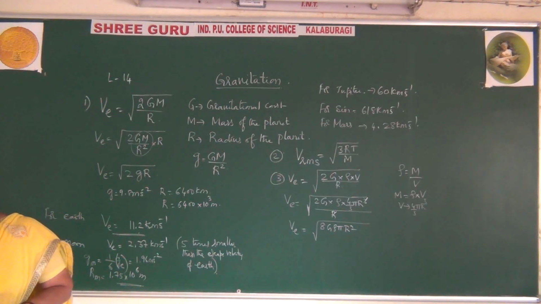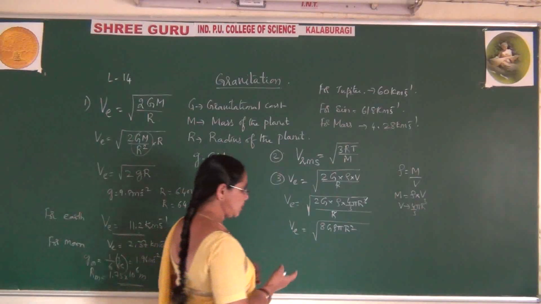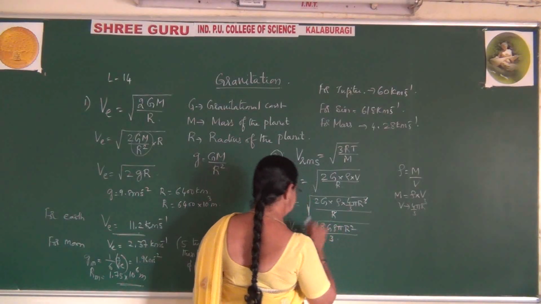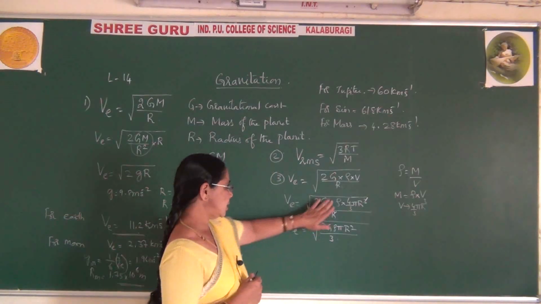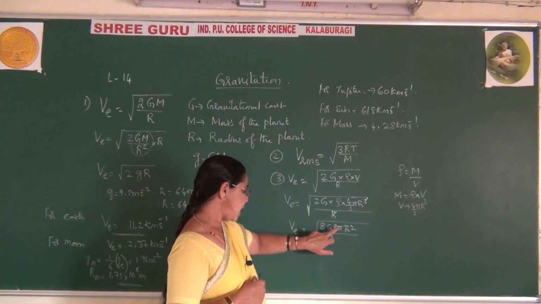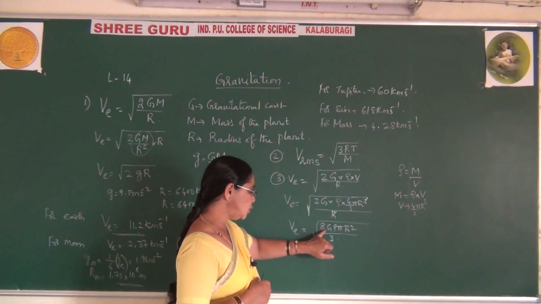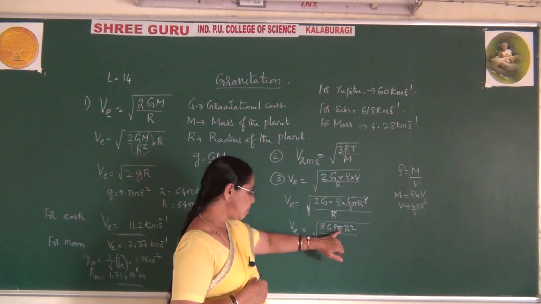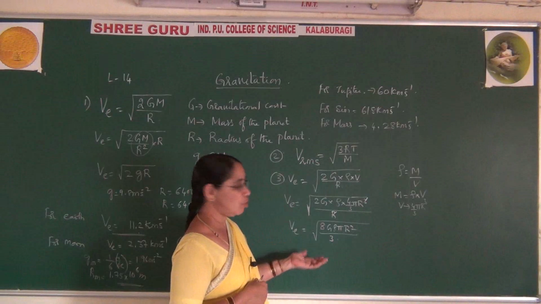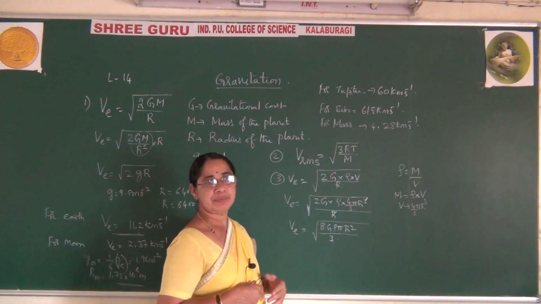Now divided by, what is this? 3 is there, 4 by 3 pi r cube is there, so this 3 will come to the denominator. Okay, this is how we write the escape velocity in terms of density and radius. You already know G is the universal gravitational constant, and pi is also a constant, 3.14. By knowing the density you substitute it and you get this formula.